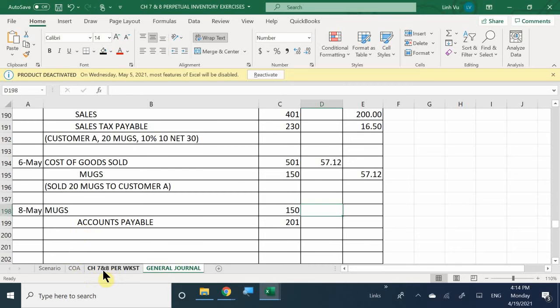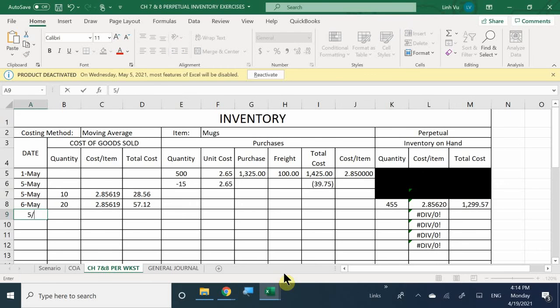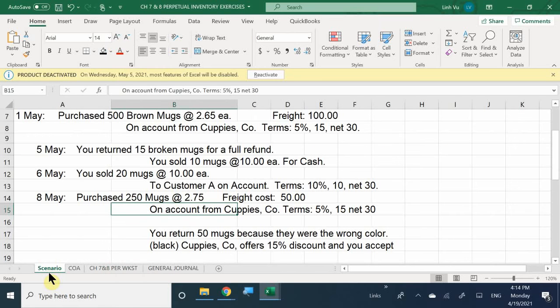And I'm going to go ahead and just go straight into my inventory worksheet to solve for what my total purchases was. So again, May 8th, we purchased 250 mugs at $2.75 with a freight of 50.